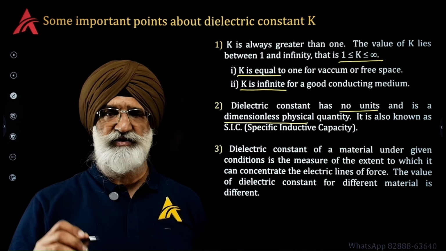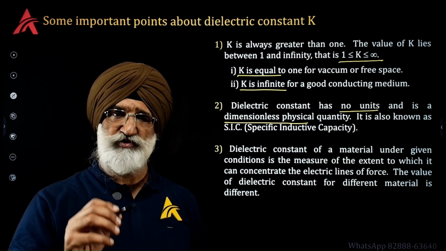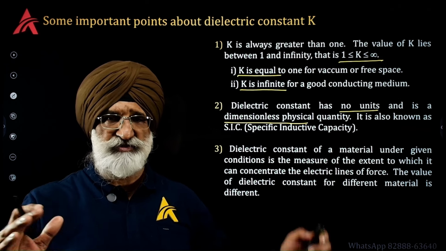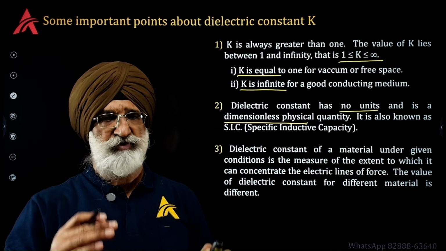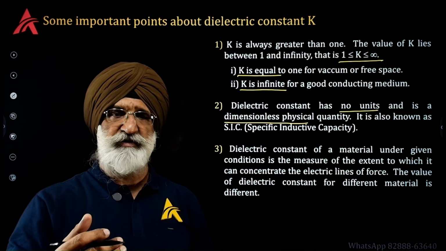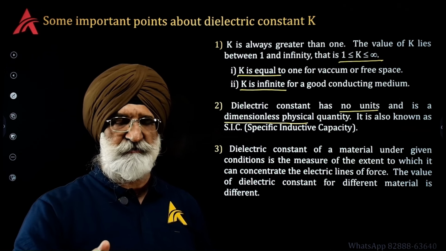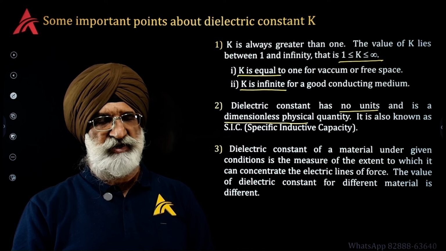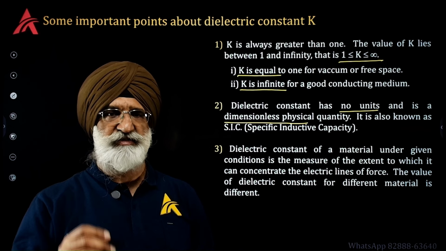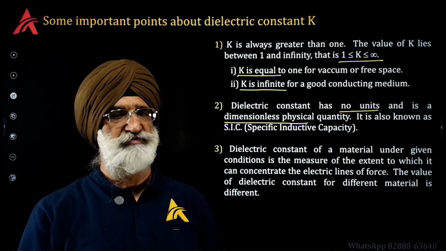Now, the dielectric constant of a medium is also the ability to concentrate the electric lines of force. If you keep a given medium in an external electric field, and that medium is able to concentrate more electric lines of force, it means that the dielectric constant of that medium is more.